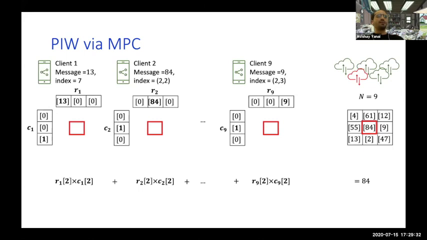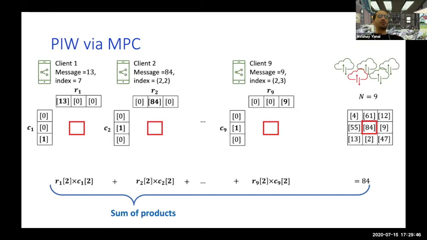So they first obtain the result of the location 2,2 on the full matrix for each client. Now, this computation is exactly the sum of products operation that I described before. Therefore, for each entry of the global table, we perform a secure sum of products, which has a constant communication cost. And overall, for the entire global table, we have a linear communication complexity, which is order n.